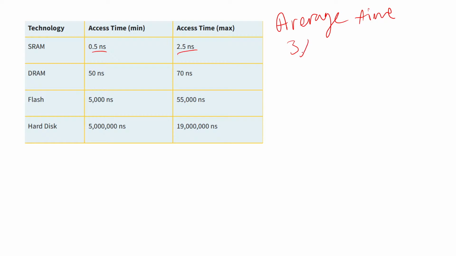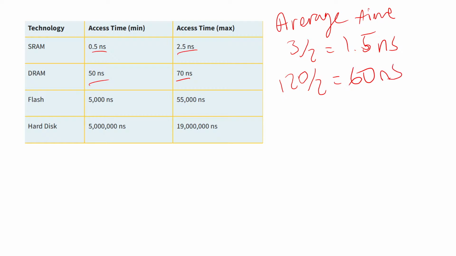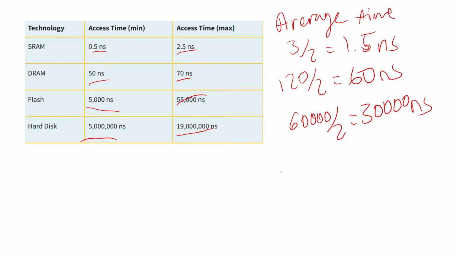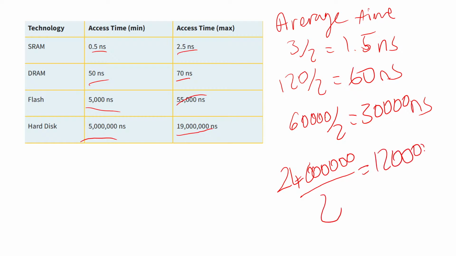So 3 over 2 equals 1.5 ns. Should be lowercase n, sorry. 50 and 70 make 120, so 120 over 2 equals 60. 5,000 and 55,000 equals 60,000, over 2 equals 30,000. 5 million add 19 million equals 24 million, over 2 equals 12 million.